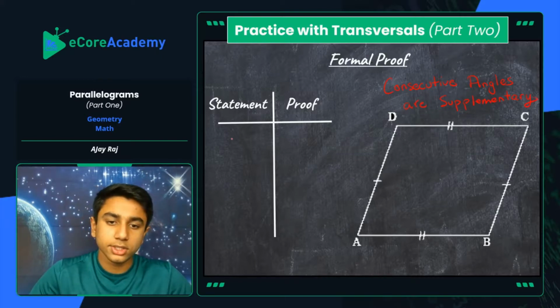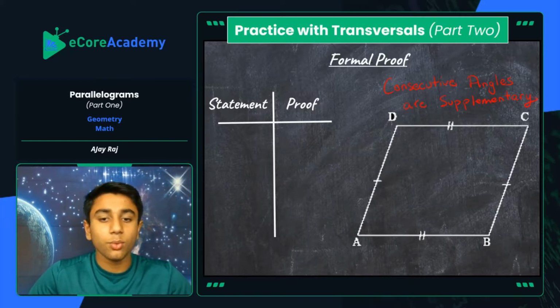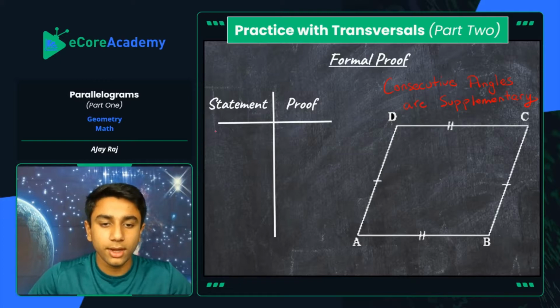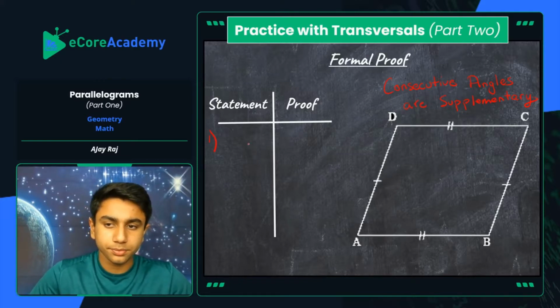Okay, so let's take our first statement here. It's just one statement, one proof. So I'm going to say here that consecutive angles are supplementary. Just that basic statement here.